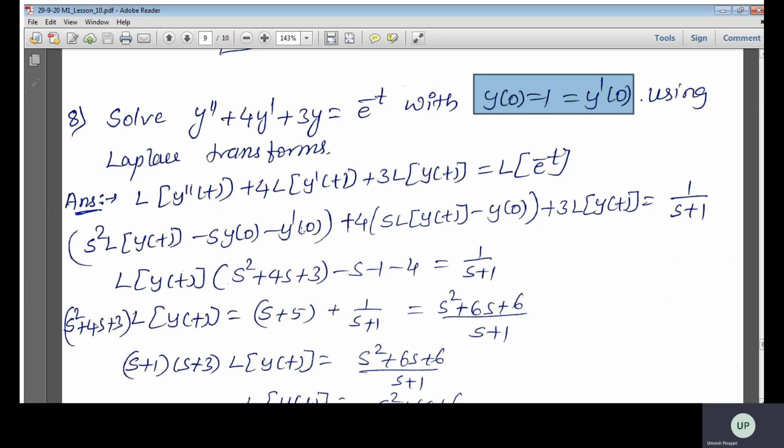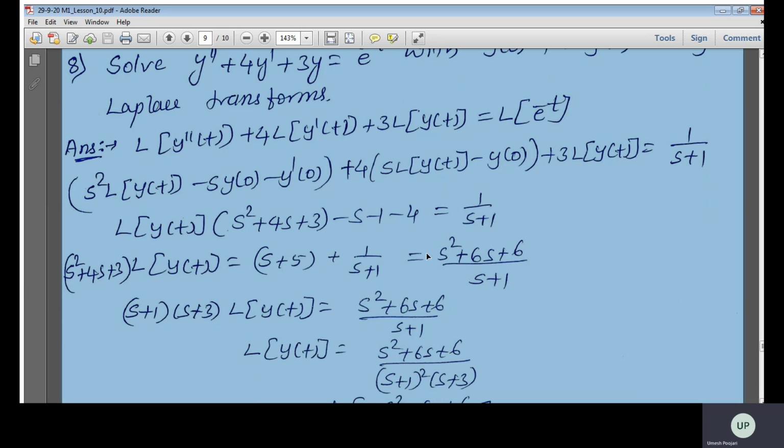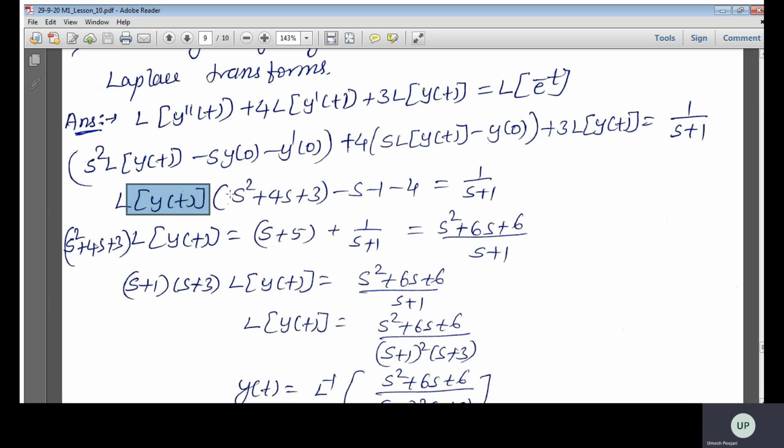So if you substitute that, s into 1 minus 1, and in the first term you have L of y of t, here also we have L of y of t, and the last term also we have L of y of t. If you take this L of y of t common, inside the bracket we write s² plus 4s plus 3, minus s (s into y of 0 is 1), minus 1, and here y of 0 is 1, so minus 1 into 4 is minus 4, equals 1 divided by (s + 1).